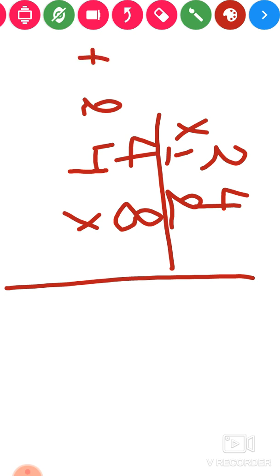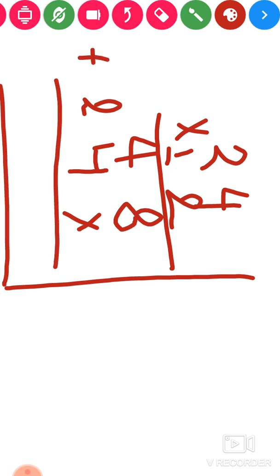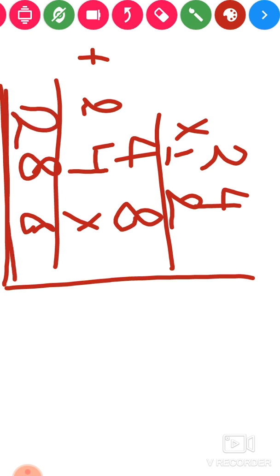Now add these numbers. So 8, 4 plus 4 is 8, and 2 will be 2. So our answer will be 288.